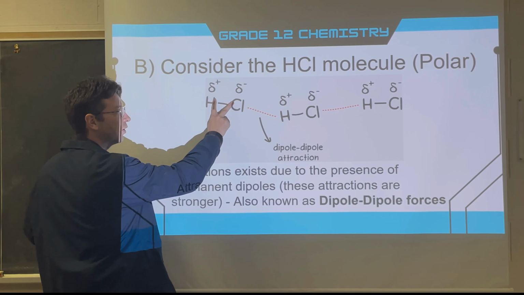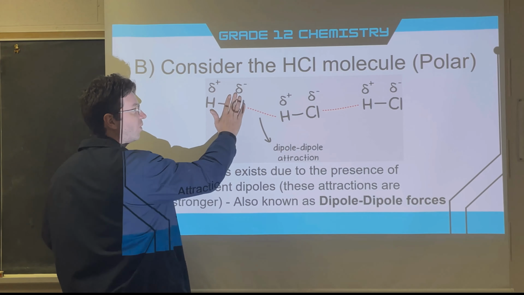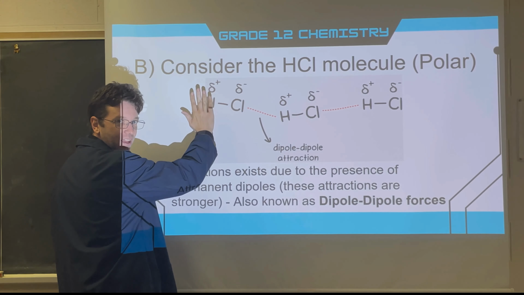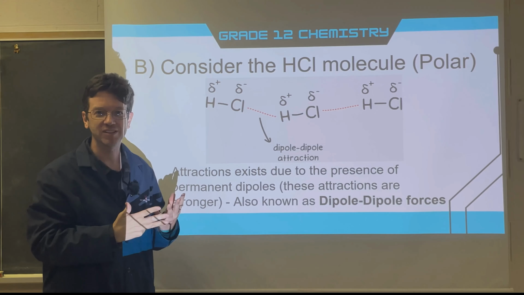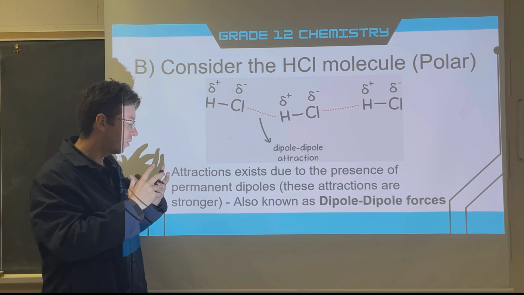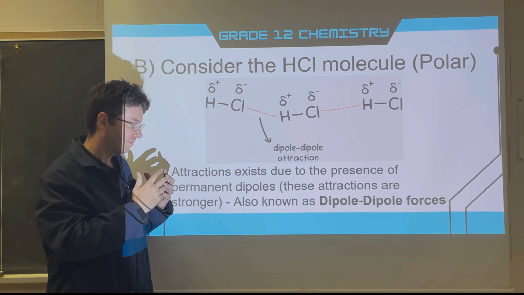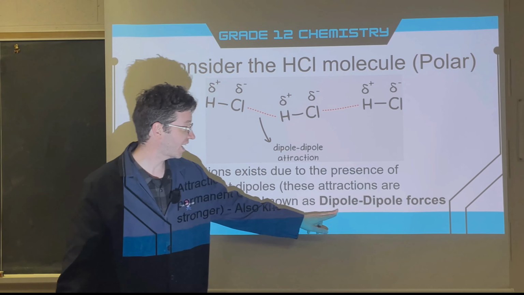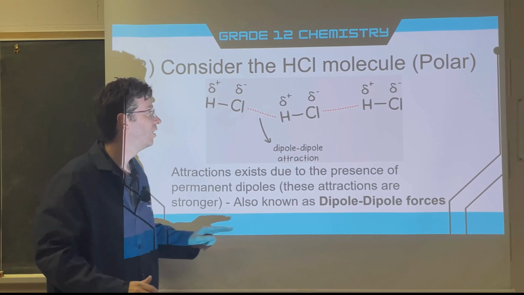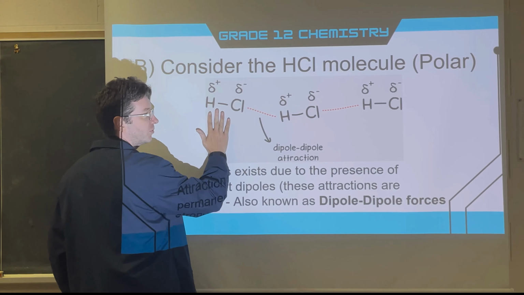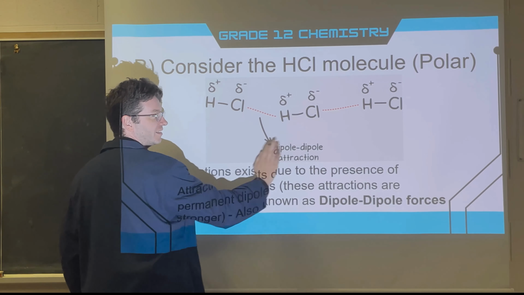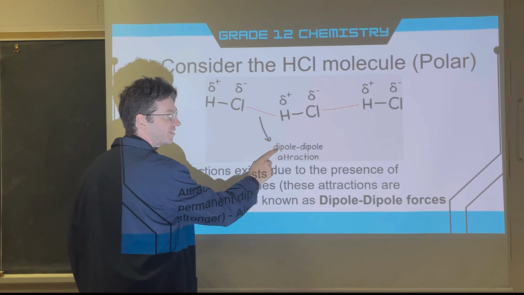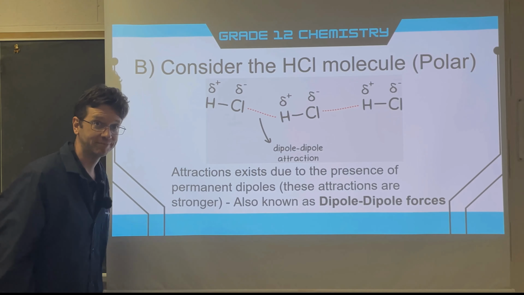So this is a permanent dipole, where one side is definitely more negative than the other side. It's very similar to London forces, but it's a lot more pronounced. And so these are called dipole-dipole forces, where we have these permanent dipoles where one negative side is attracted to the positive side of another molecule. That is our dipole-dipole attraction.